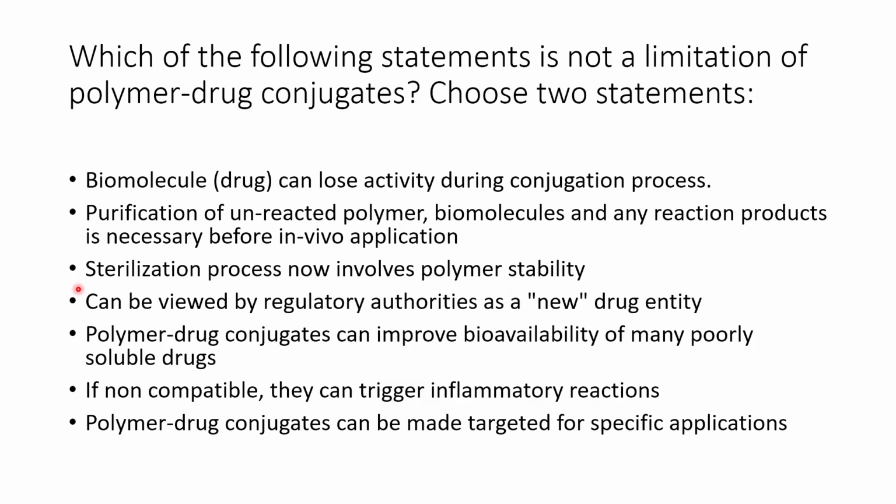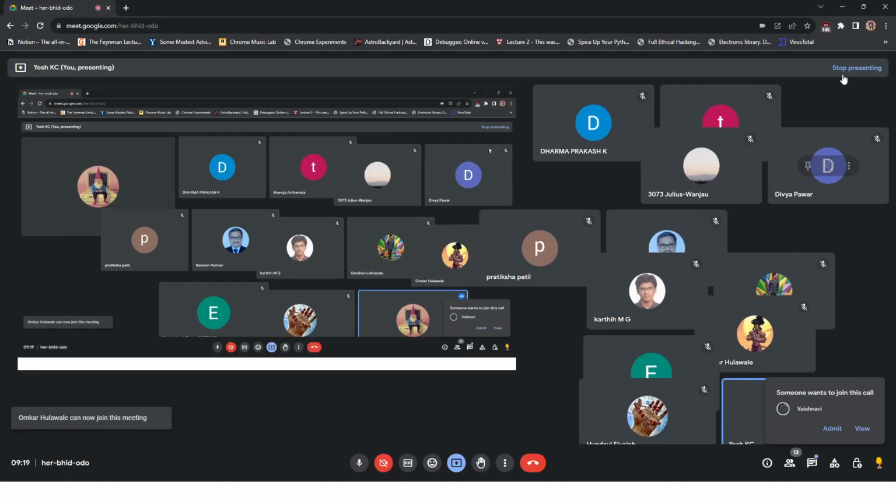Obviously you cannot use autoclaving for all of your polymer formulations, so you need to take that into consideration. Maybe you need to do something like gamma irradiation to sterilize the polymer. So the sterilization process involves understanding polymer stability and taking actions according to it.